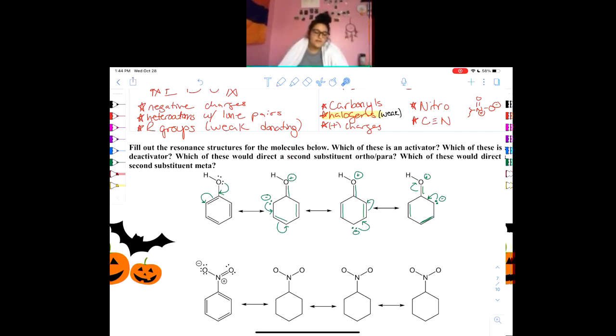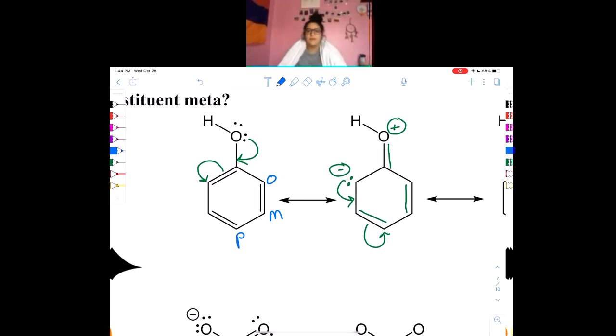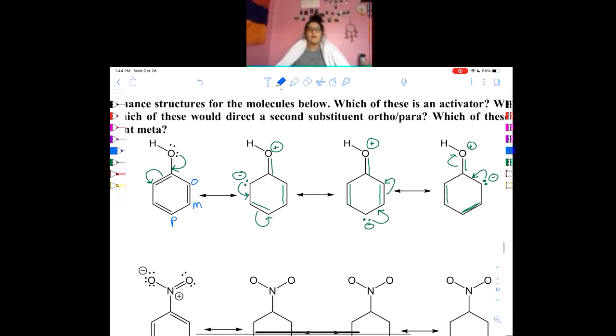So once we have this OH group, certain positions here on this benzene ring are going to be more nucleophilic than others, right? So if we remember that this is ortho, ortho, meta, and para, which positions based on these resonance structures do you guys think will be more nucleophilic?